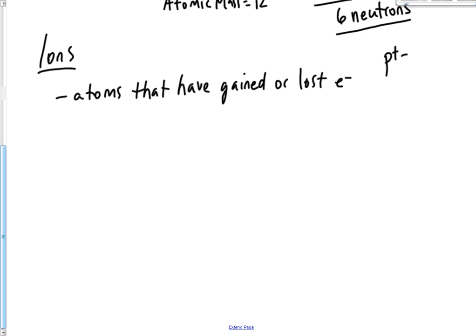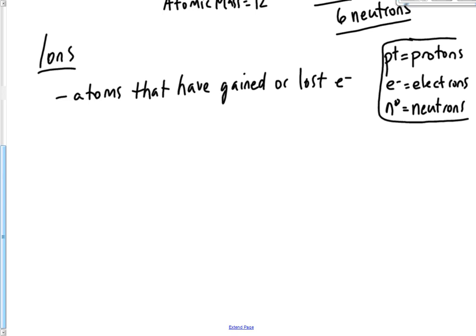P plus is your protons. E negative is your electrons. And N with a little 0 at the top is neutrons. Okay, so you all know what kind of symbols I use. There you are. So ions are atoms that have gained or lost electrons to either become positive or negative.